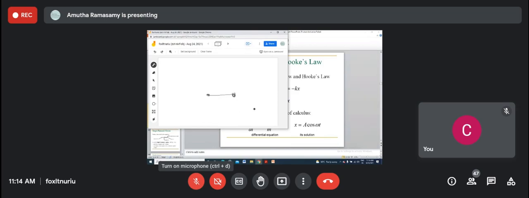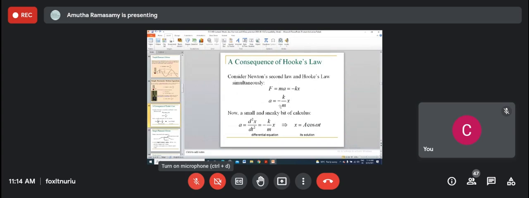So now you are writing what is a, d square x by dt square, and the other term on the other side. That is d square x by dt square plus k by m x is equal to 0.